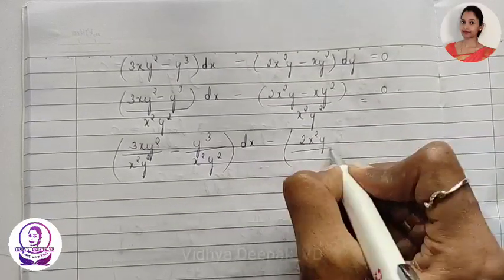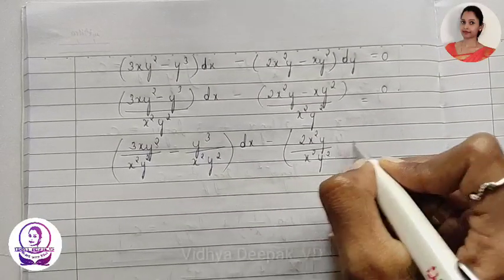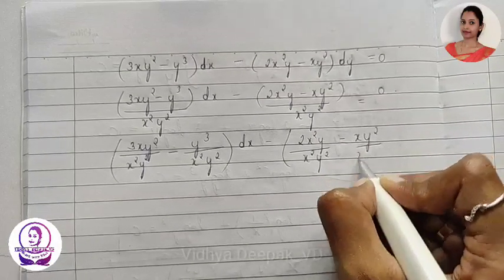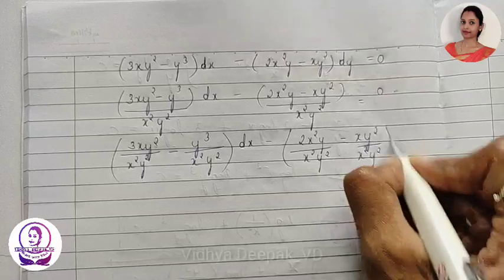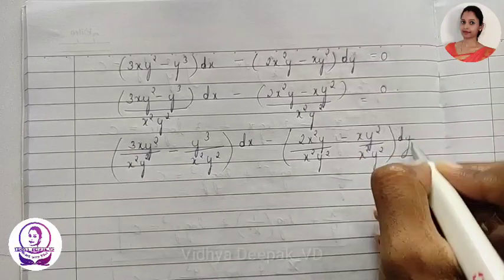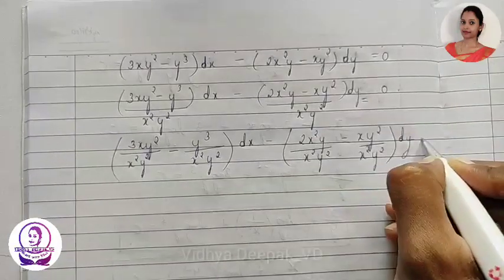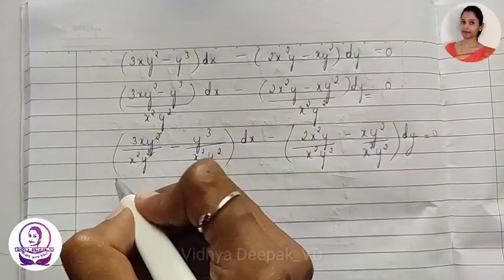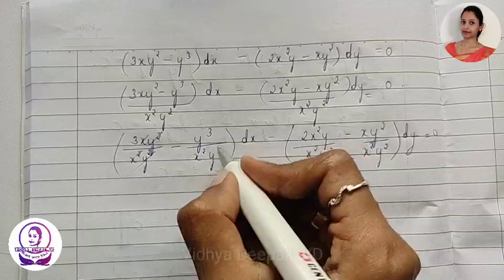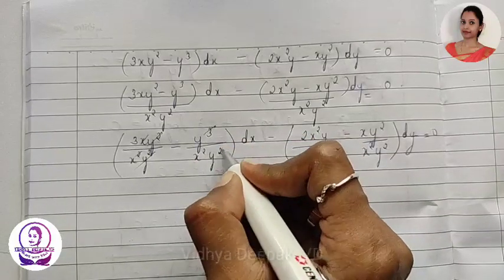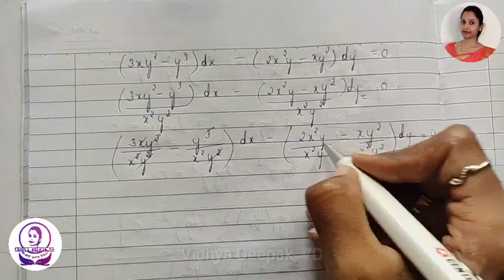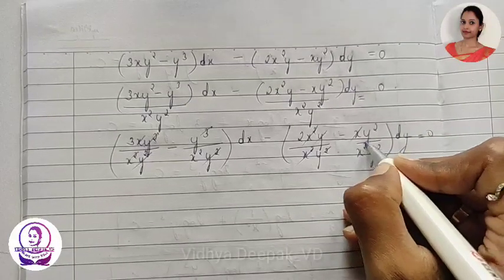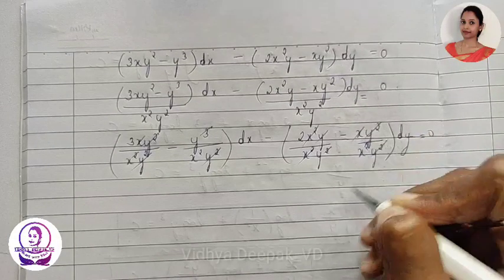minus 2x square y divided by x square y square minus xy square divided by x square y square dy is equal to 0. So we have, this y square gets cancelled, 1x and 1x gets cancelled, y square gets cancelled, here x square gets cancelled, 1y gets cancelled, x gets cancelled, y square gets cancelled.